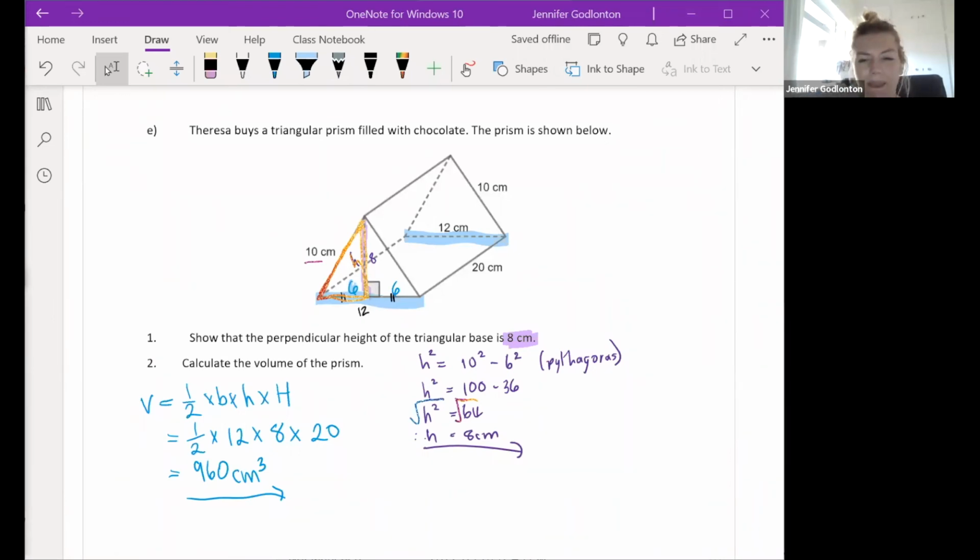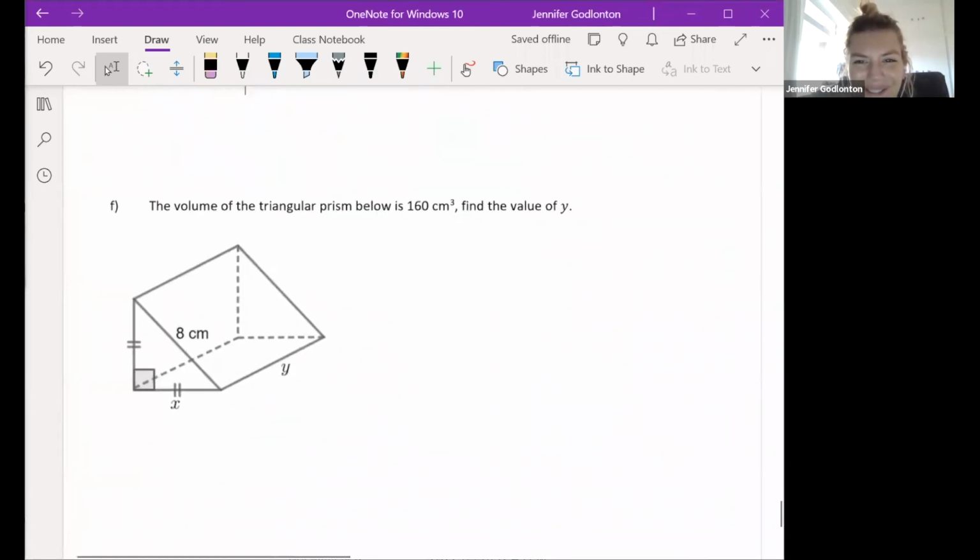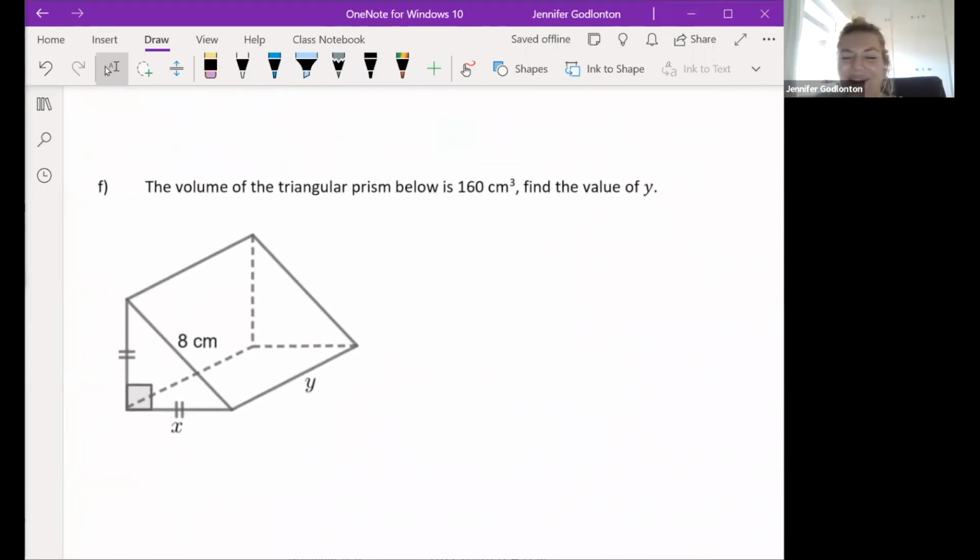Okay, cool. You know, I love my spicy questions. The volume of the triangular prism below is 160 centimeters cubed. Find the value of y.